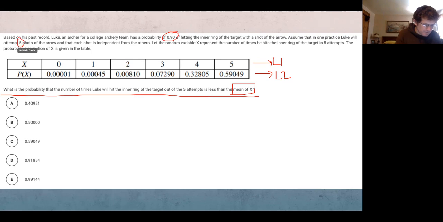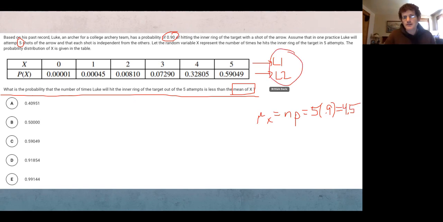So we actually have a very simple way of doing this. If we want to figure out the mean of this, it's just going to be the number of trials times the probability of success, which is just going to be 5 times 0.9, which is 4.5. If you didn't think of that and you plugged it into lists and did it that way, it'd take a little bit longer, but you'll still get 4.5.